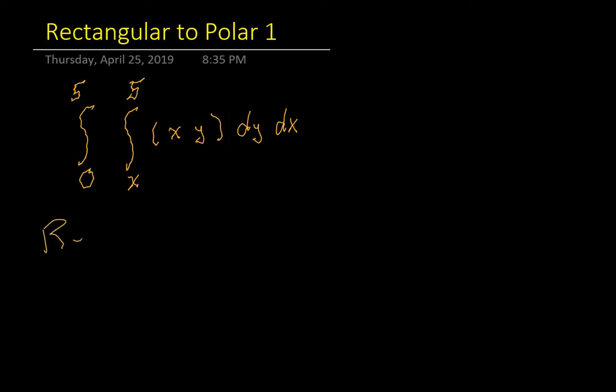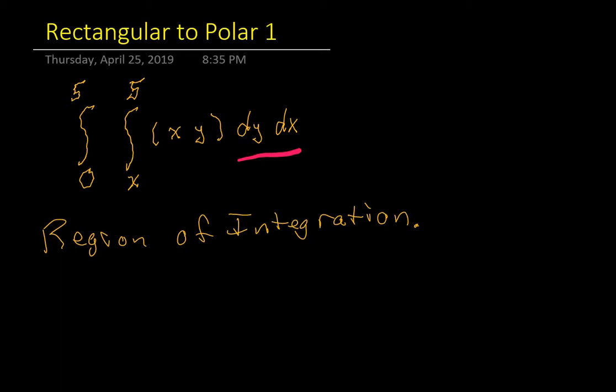So the region of integration has been one of my major themes as we've been going through this chapter on multiple integrals. The concept is the dy dx boundaries, of which this would be what's going on with x, and this is what's going on with y. What does that look like in a two-dimensional region?